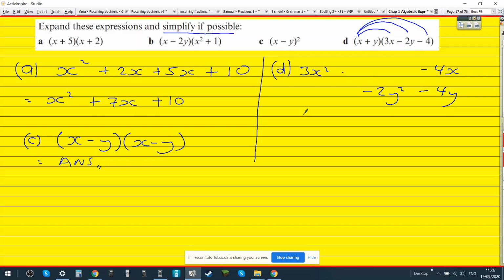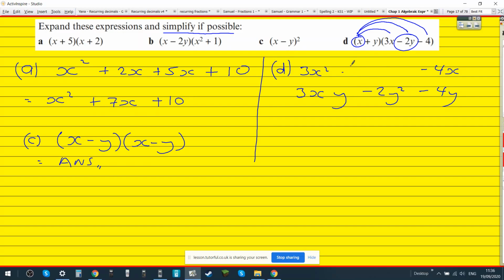So it'd be 3xy. Would that be 1? 3xy, yeah. And you have one more left. So it would be the middle one. Oh, I didn't get that one.